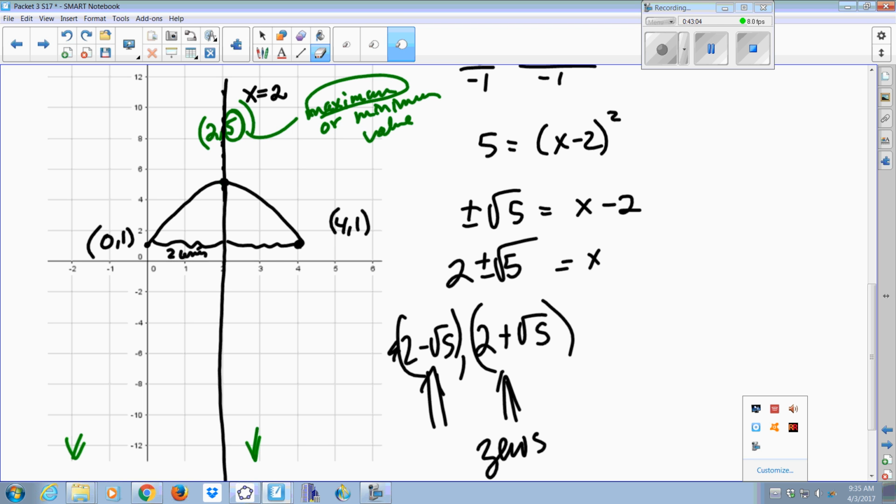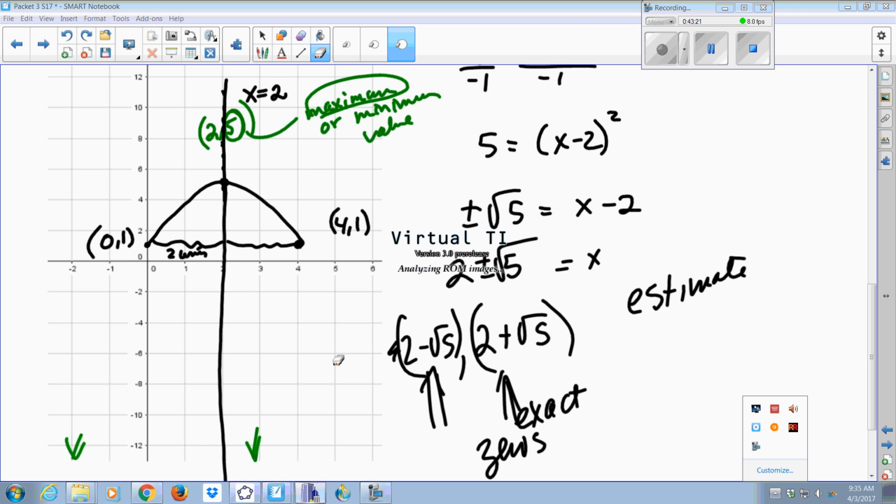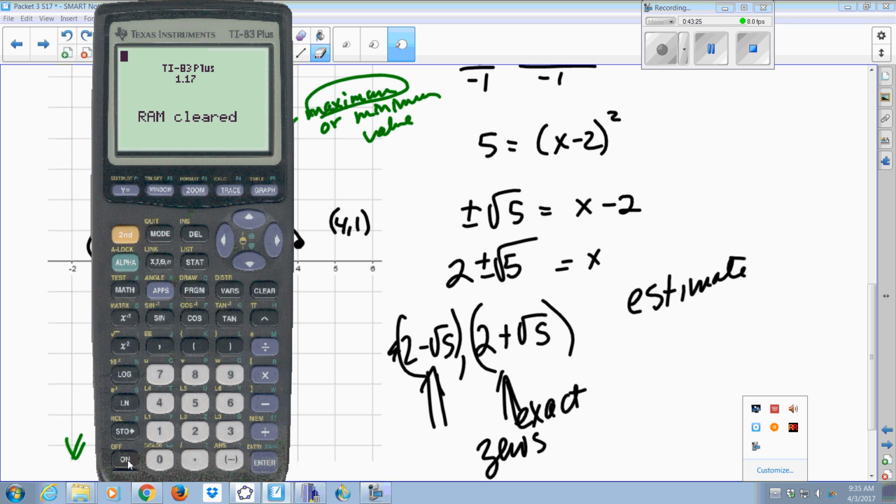So all we can do now is estimate them, so we can put their spot in here on the x-axis. So let's estimate these. These are the exact zeros, exactly the solutions to this equation. So let's go to our handy dandy calculator and get an estimate. So we can plot it.